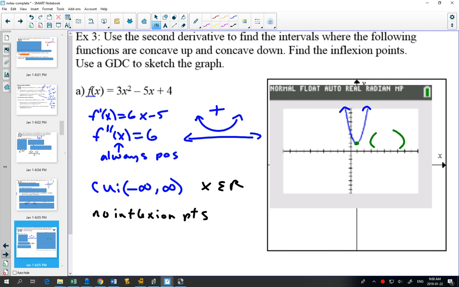If I had to label my minimum, can someone quickly tell me what the x-coordinate of that minimum would be, without a calculator? You could type it into your calculator and tell me the minimum. 5/6. How did you find that 5/6?